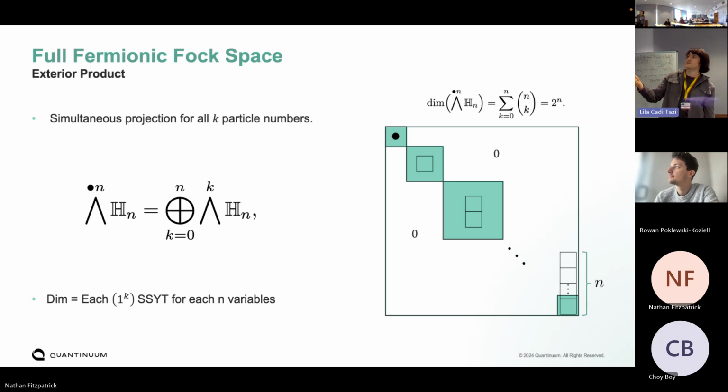The characters of these are represented by these Young diagrams, the same as before, but we're only using these vertical Young diagrams because we're in the anti-symmetric unitary group representation. And the sum of these spaces basically adds up to 2 to the n. This is the famous Fock space decomposition.